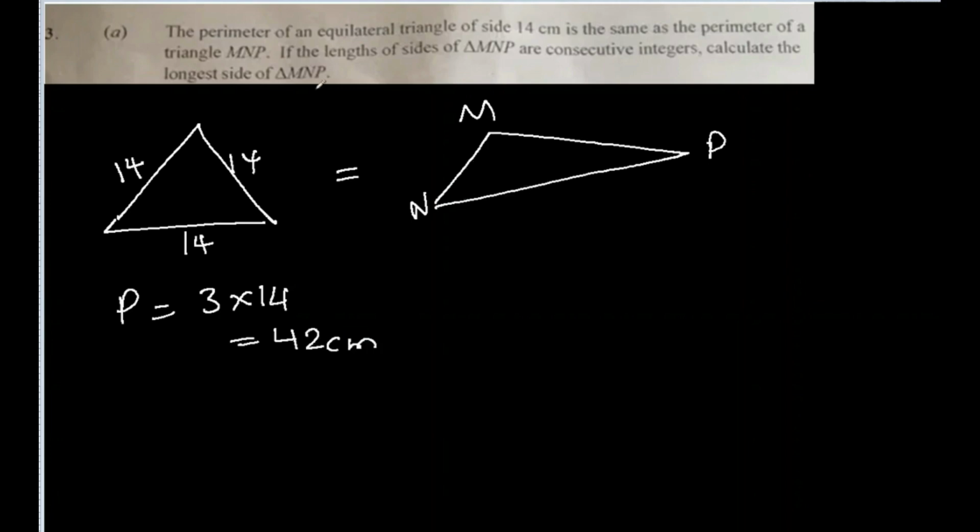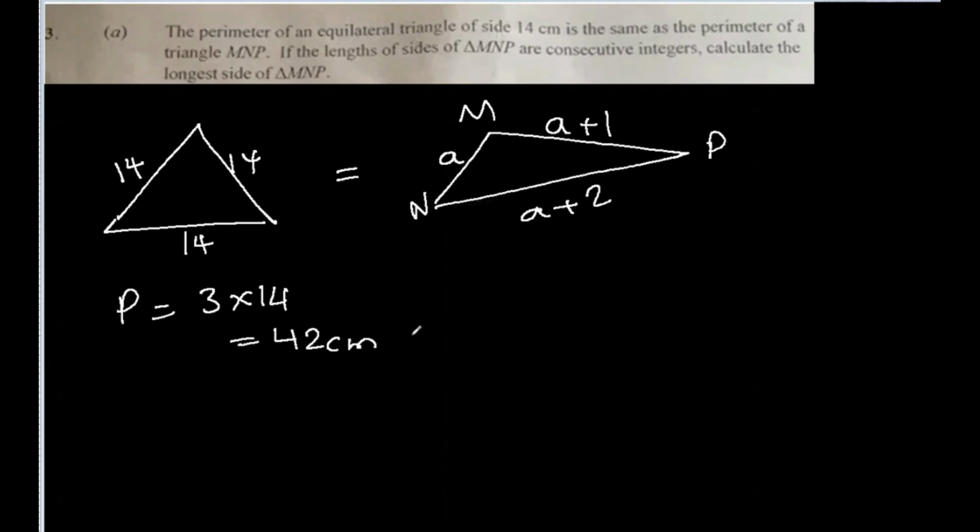However, the lengths of the sides of MNP are consecutive integers. So if this is A, this is A plus 1, and this is A plus 2. They are integers, so first one more and another one more. Calculate the longest side of triangle MNP. Basically, we have to find A plus 2 because this is the longest side.